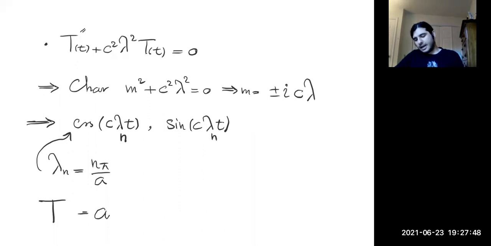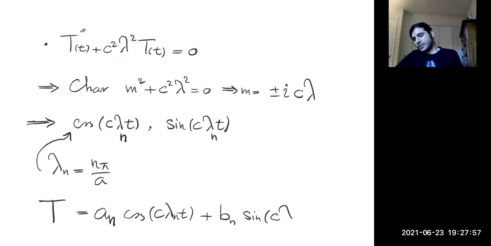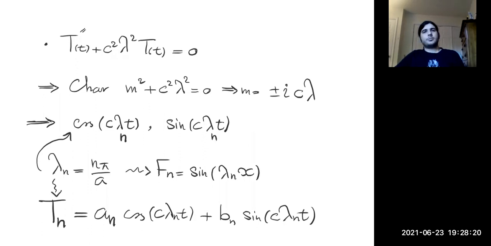So it would be, say, an times cosine of c lambda n t plus bn sine of c lambda n t. Because this solution depends on n, we are enumerating them, I would denote that with Tn. So for any n, we have Fn, which is a solution for that lambda n, which was sine of lambda n x, and we have Tn, which is what we have here.